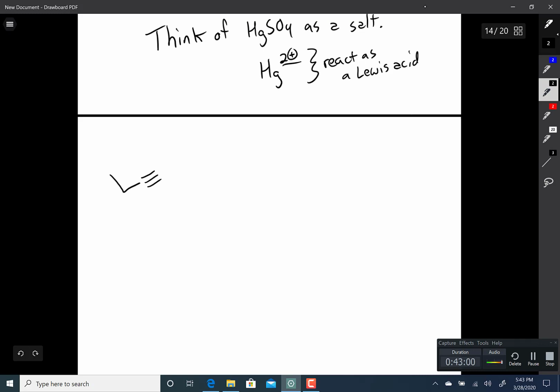So, the mechanism is quite different from the mechanism of the alkene. What happens is the mercury binds itself to the alkyne. The pi bond leaps out and grabs the mercury.